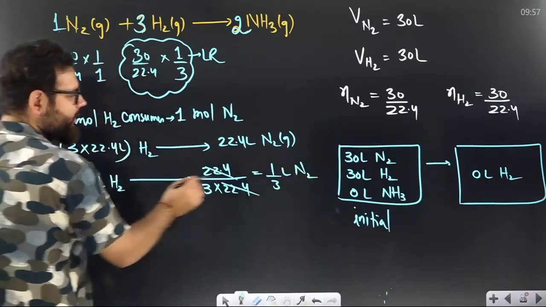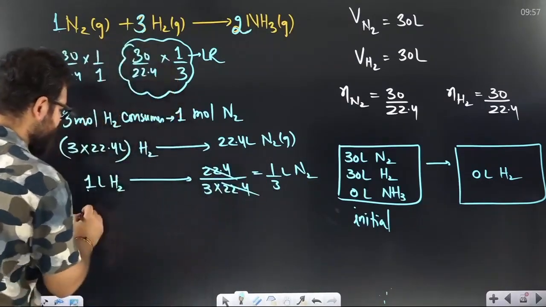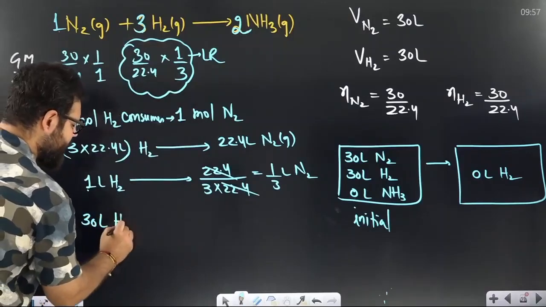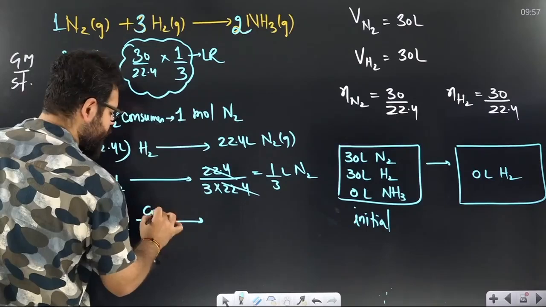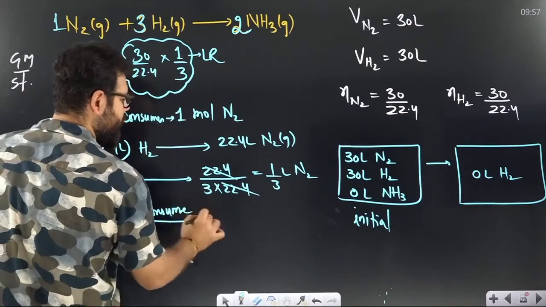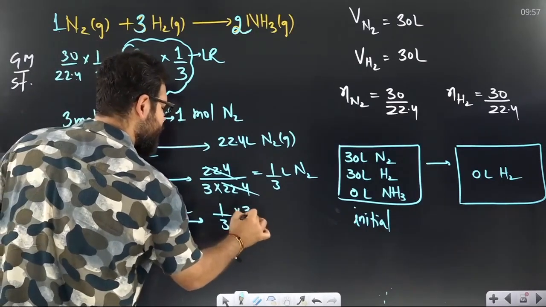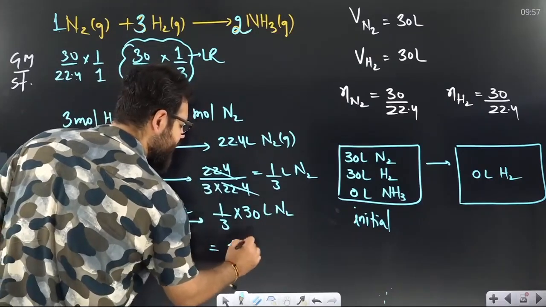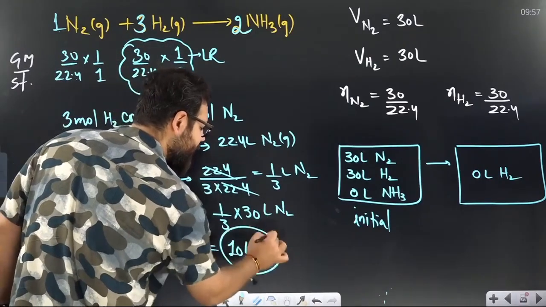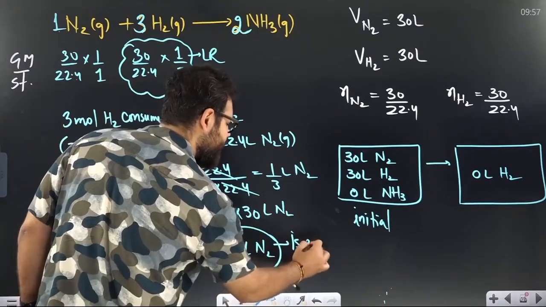So 1 liter hydrogen consumes 1 by 3 liter of nitrogen, and 30 liter hydrogen, which will completely finish because it is the limiting reagent, is going to consume 1 by 3 times 30 liter nitrogen. That means it consumes 10 liter nitrogen. So 10 liter nitrogen is reacted.